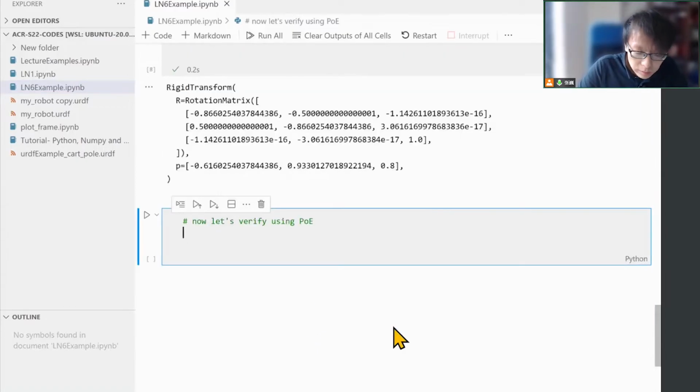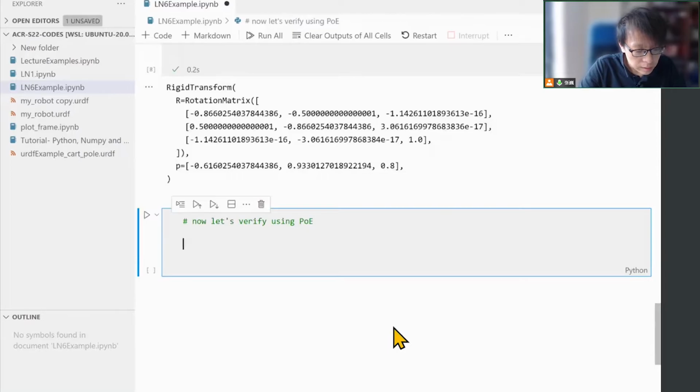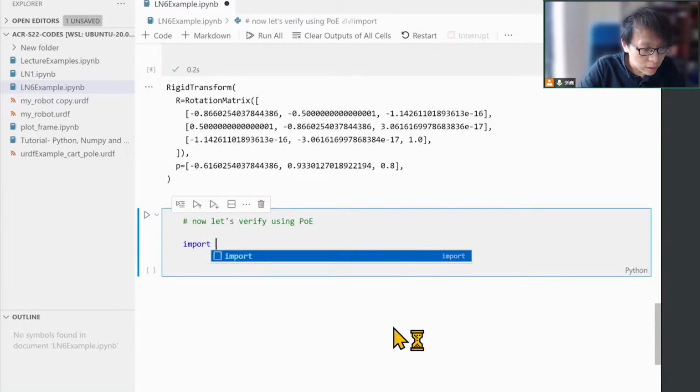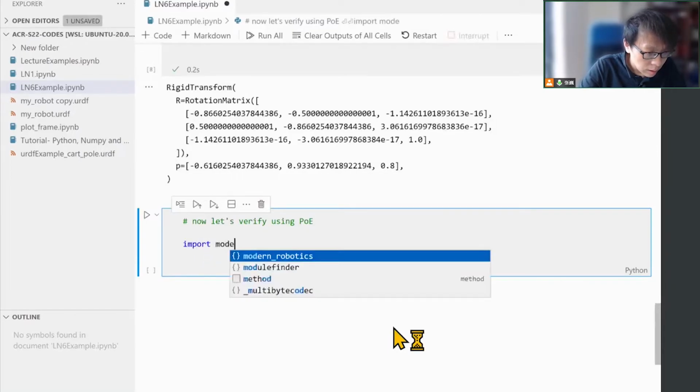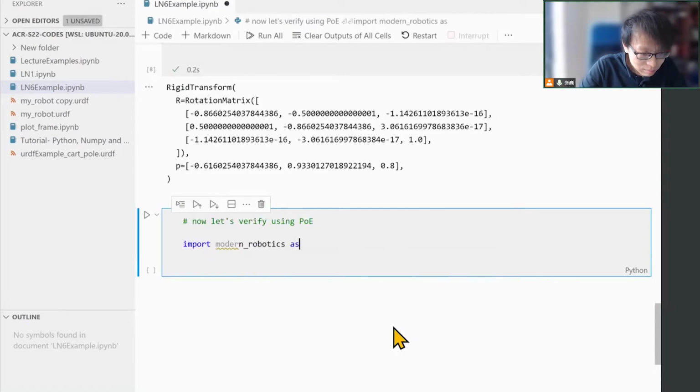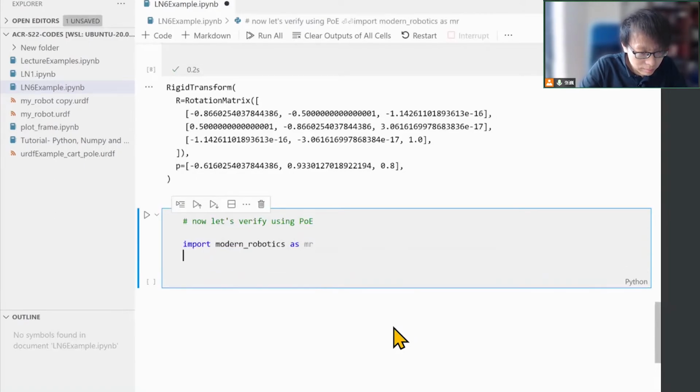First of all, let's import. I think I downloaded Modern Robotics as MR, because our notation is similar to Modern Robotics. I would just import their packages, so it will simplify things.